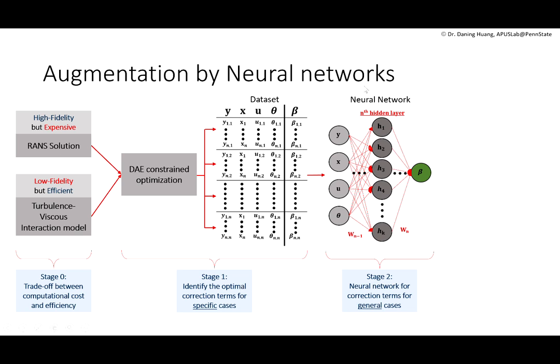And this is where the neural network comes in to use the data from stage 1 to generate a network representing the functional correction terms. And finally, with these functional correction terms, we are able to reconcile the conflict between the high fidelity solver and the computational efficiency, where we end up with this augmented TBI model.